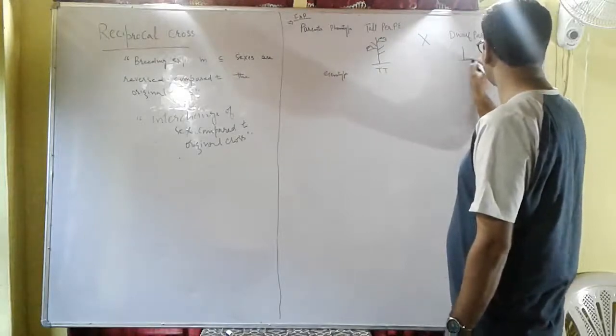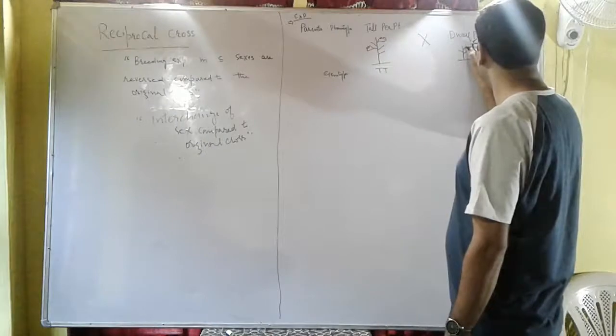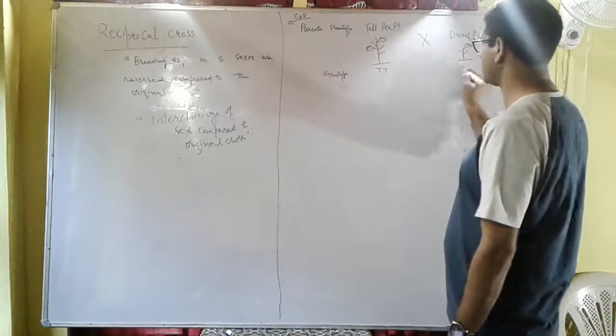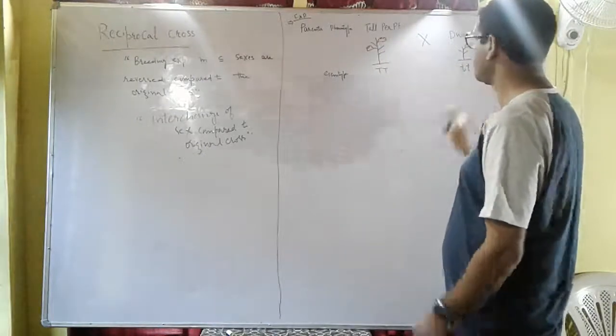This is, for example, a dwarf pea plant. The genotype is small t.